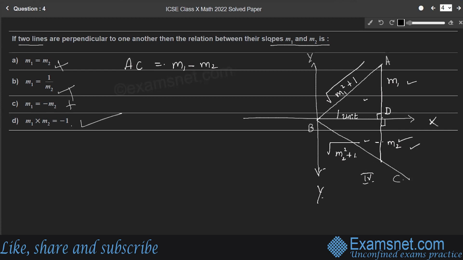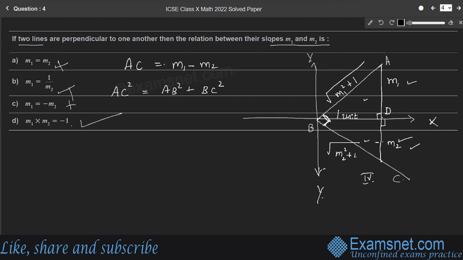Here we need AC. So we'll consider AC square. In triangle ABC, since AB is perpendicular to BC, two lines are perpendicular, therefore we can easily apply Pythagoras theorem. Here AC is hypotenuse, so AC square is AB square plus BC square.